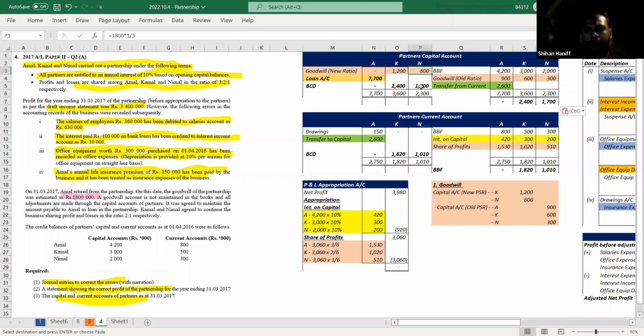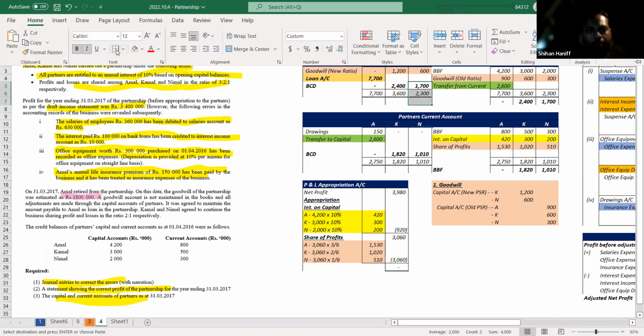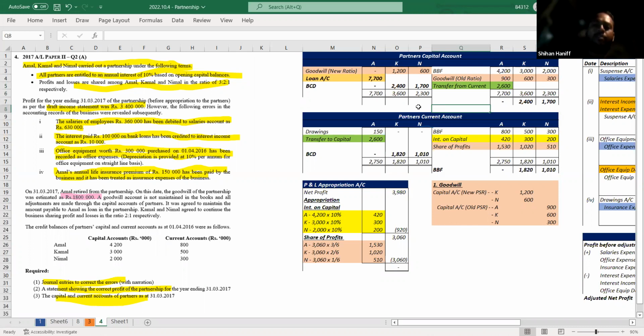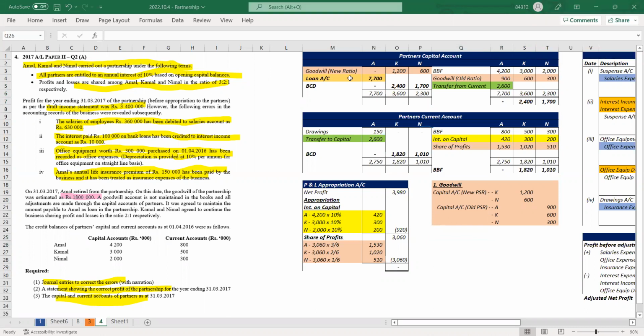Nimal 2,300 minus 600 is 1,700. So get this, 2,400 and 1,700. Right. So that's it. You can complete the other question.